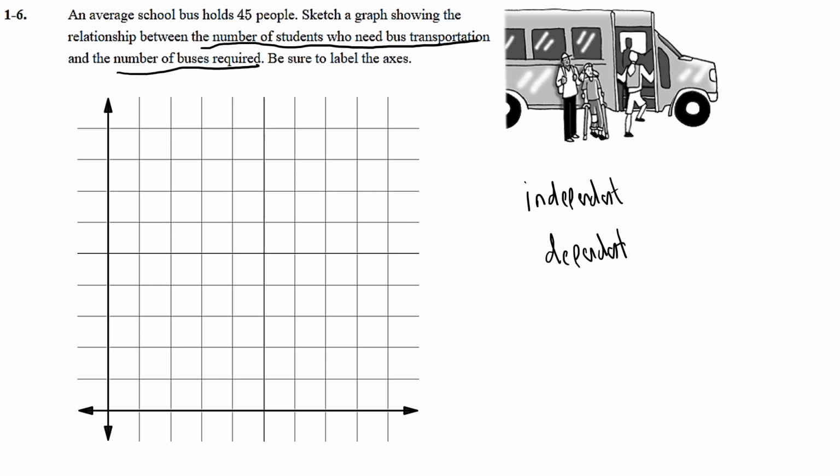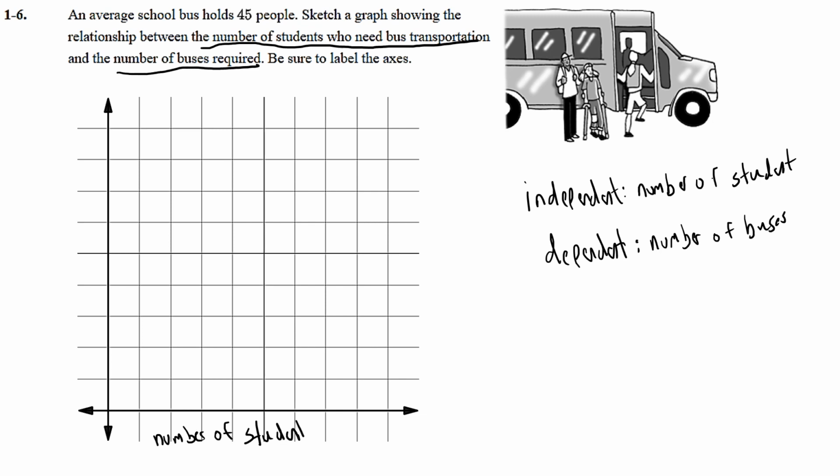So since buses are determined by number of students, the dependent variable is the number of buses. And the independent variable is number of students, and so independent is x. So we need to put down here number of students. And up here, we're going to put number of buses.